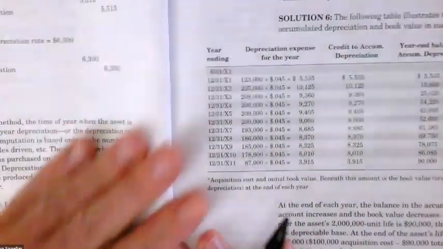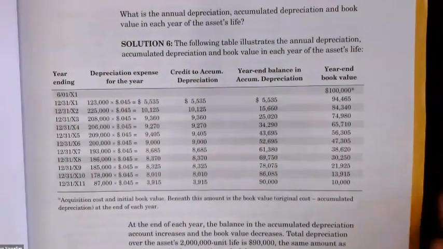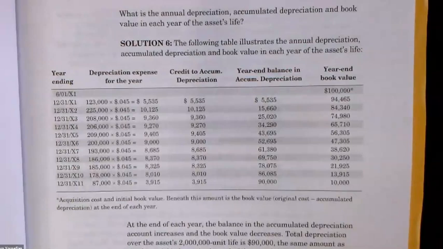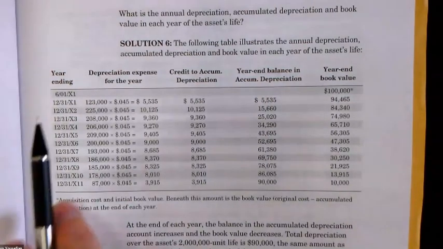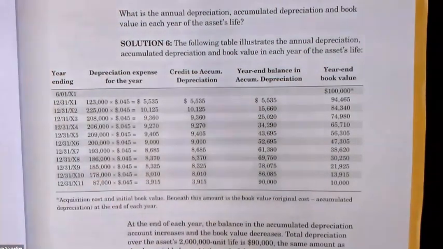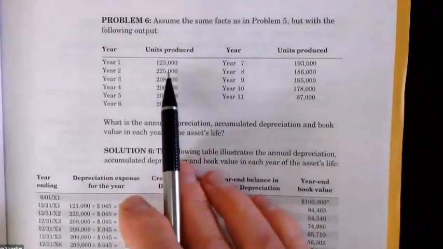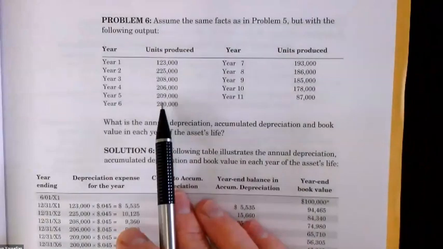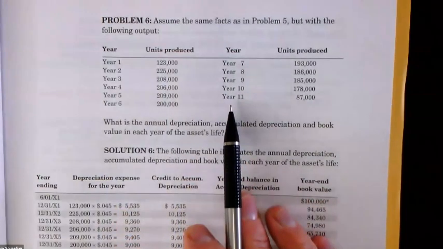Okay, so in this area, on page 65, we purchased the equipment starting in June, in the middle of the year. And we have different outputs here: units produced in year one, and in years 7 through 11.